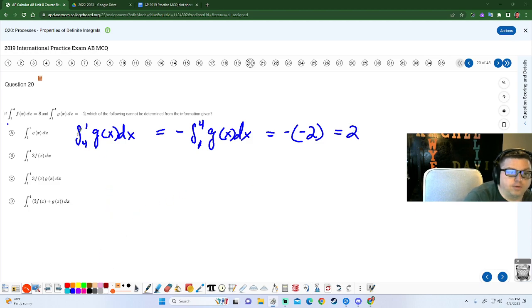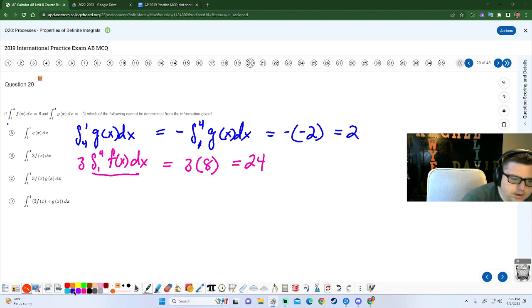We can get a solution for that one. Now let's look at this. We can take the constant and put it out front of f of x dx, and we know that the integral from 1 to 4 of f of x dx is going to be 8, and then 3 times 8 is 24. Okay?